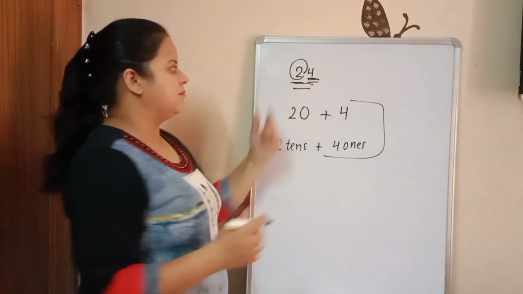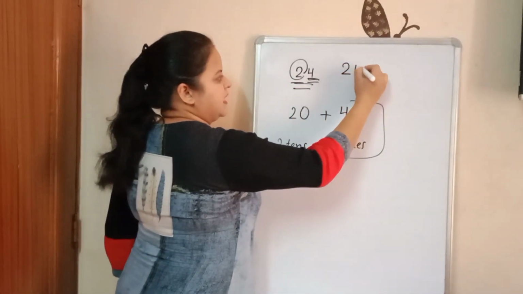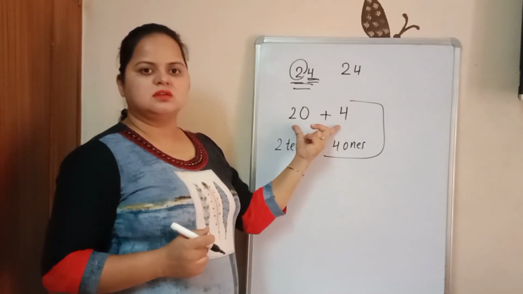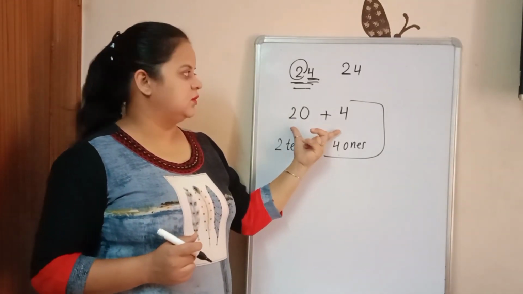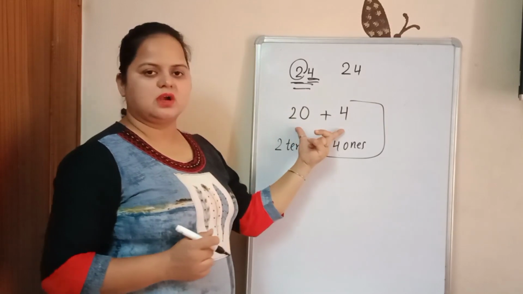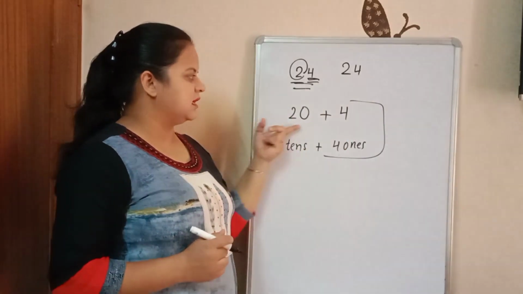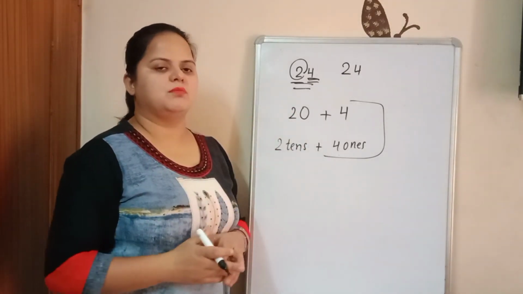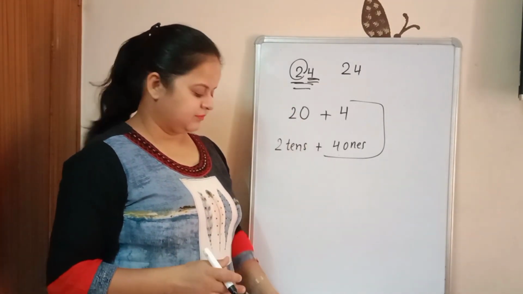In this number 24, we have 2 digits and we have broken it according to its place value, अलग अलग 2 टुकड़ों में लिख दिया, means it is expanded form of numbers.